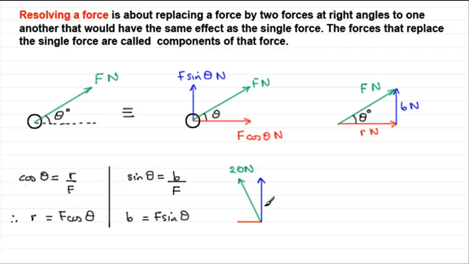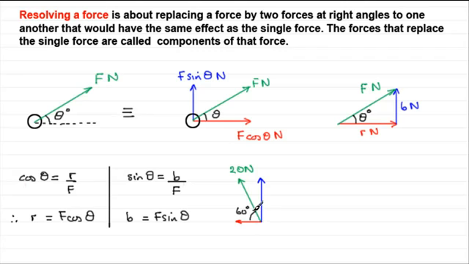Notice that the force we've got is somewhere in between these two components. Let's suppose this force makes an angle of 60 degrees with this red force. I know this angle in here would be 30 degrees, but let's leave that out and just work with the 60 degrees.